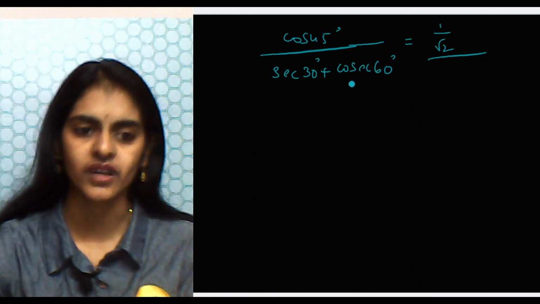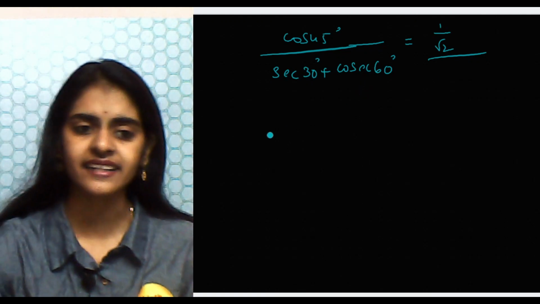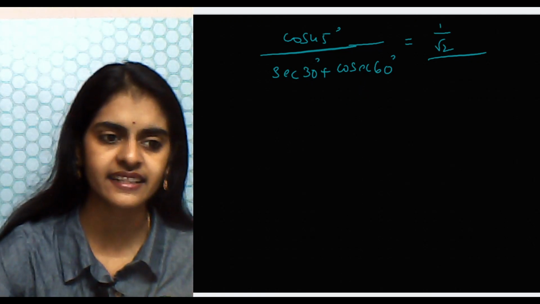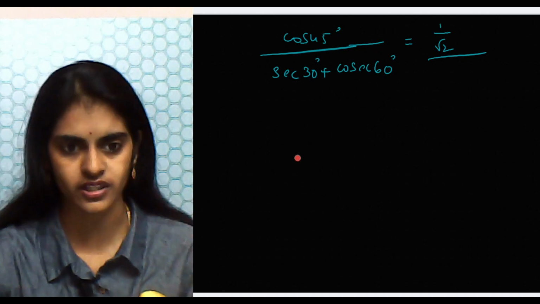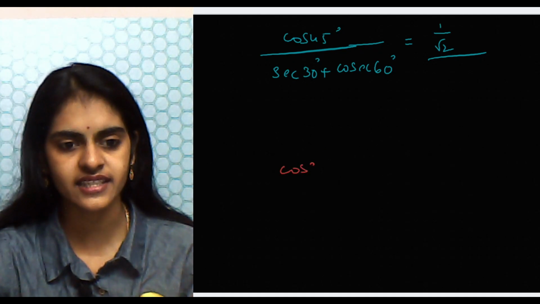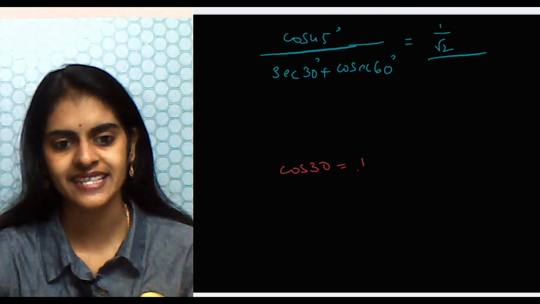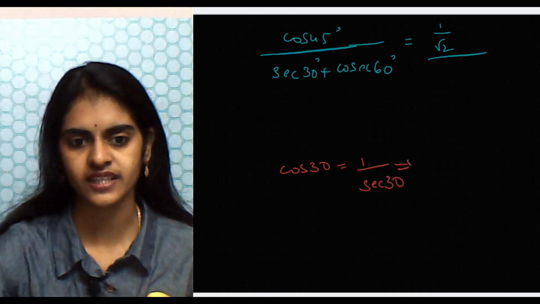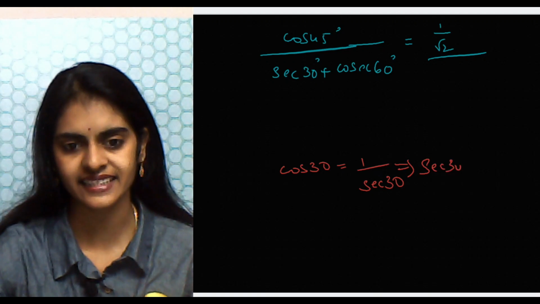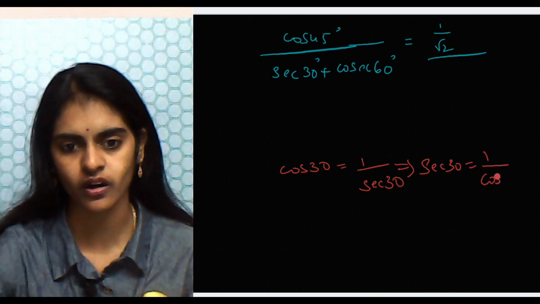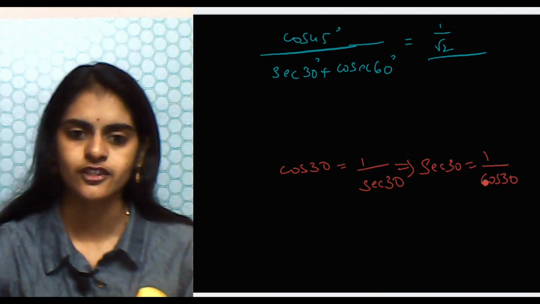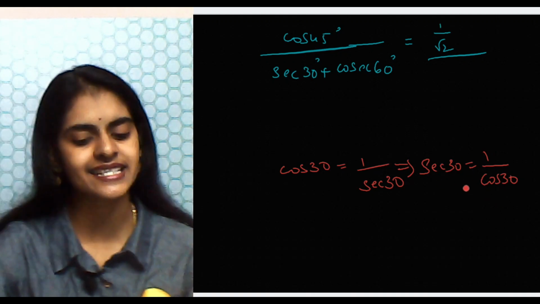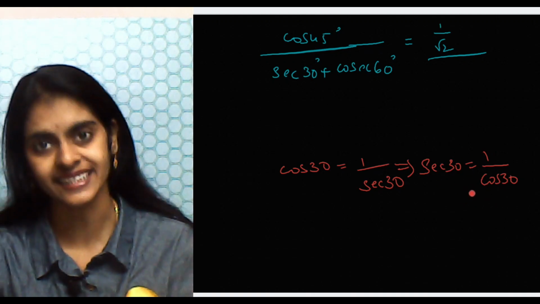Now what is secant 30? Secant is nothing but the reverse of cos, isn't it? So secant 30 is 1 upon cos 30. If you know cos 30, you can easily write out what is secant 30.